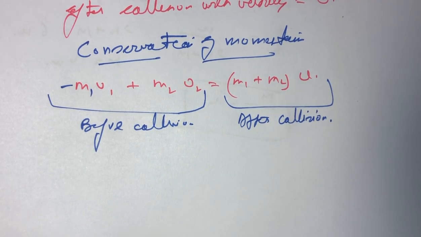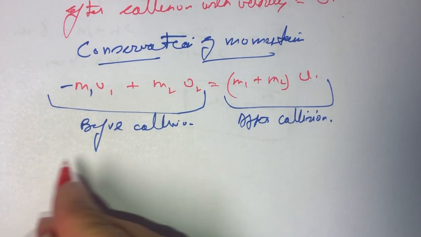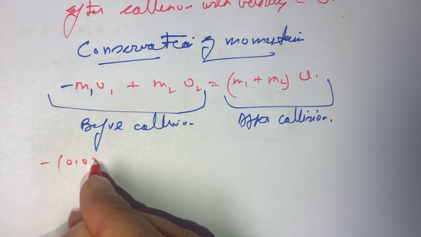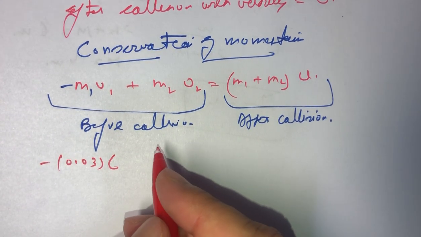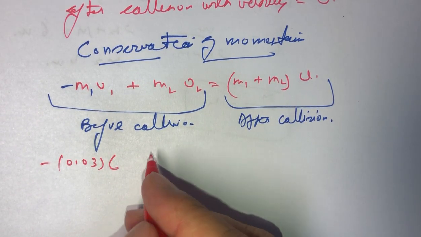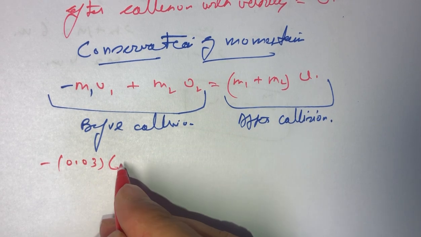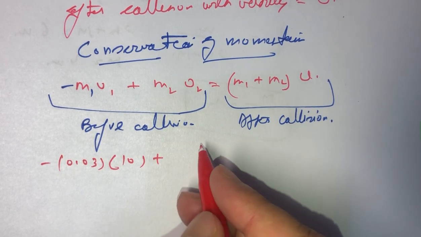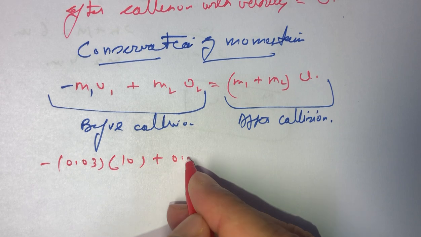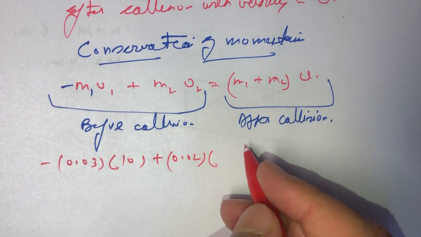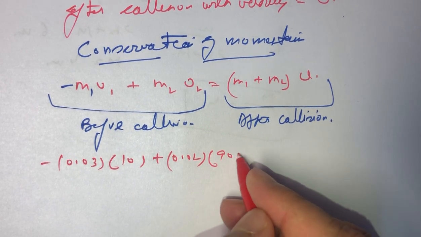Now we substitute the value. m1 is given as 0.03 and v1 we already know is our 10, plus m2 is given as 0.02 and v2 is 90.